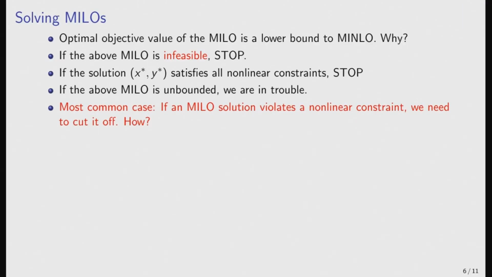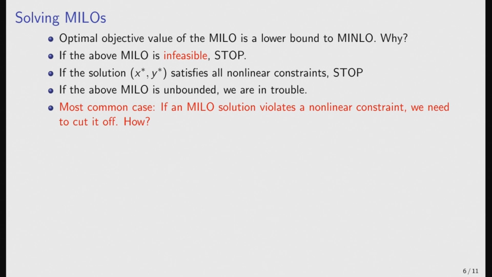So we are left with the most common case: the solution of MILO will violate some of the nonlinear constraints, because I had omitted them. But the good part is that the solution of MILO will satisfy the integer requirements on y, because I just solved it using some integer solver.